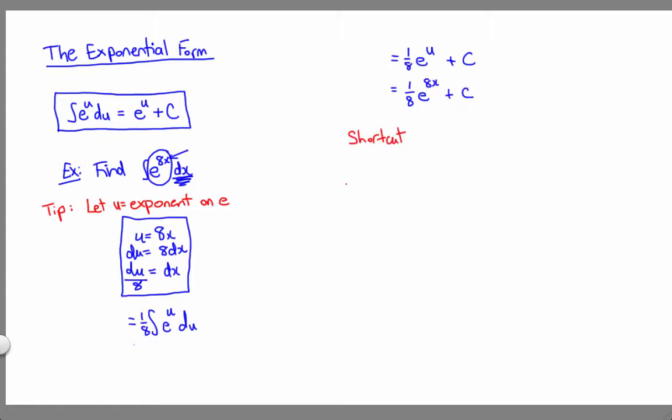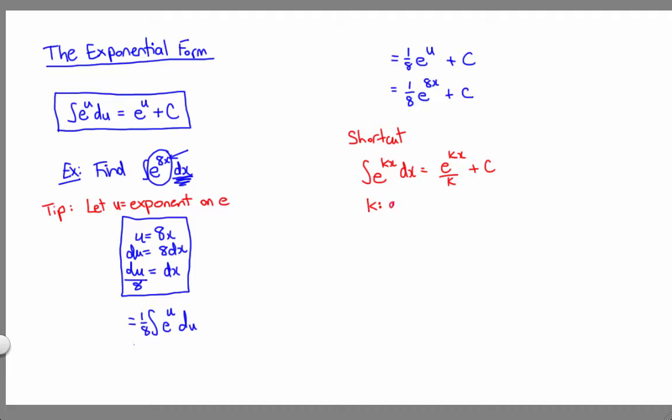If you like shortcuts, we can develop a shortcut for this type of problem that we just did. In general, if you're trying to integrate e to the kx with respect to x, that's going to come out to e to the kx over k plus a constant. Now, it's important, especially when you're using a shortcut like this, to be aware of what the restrictions are.